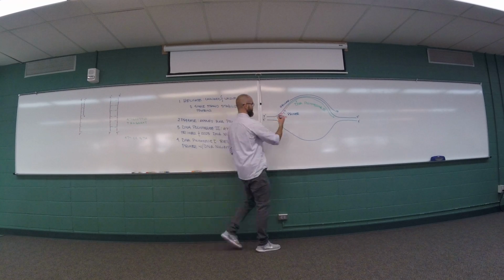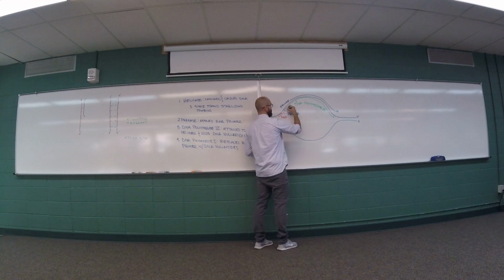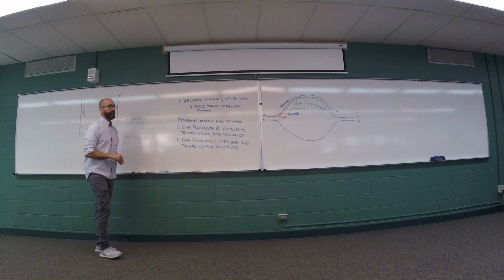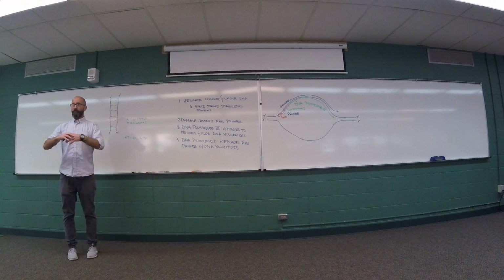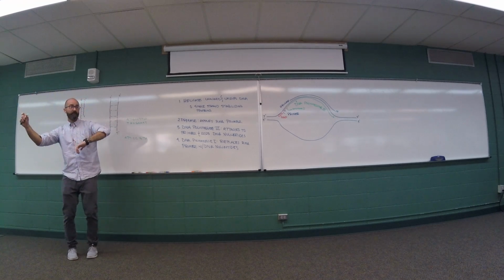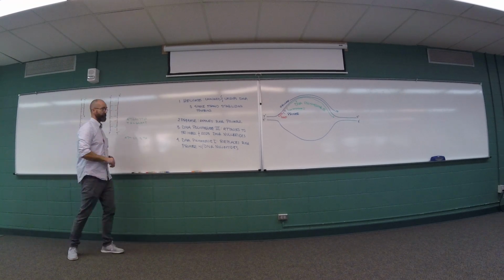So DNA polymerase 1 is just going to come back here. It's going to take off all of those RNA nucleotides and replace them with DNA nucleotides. So that's what DNA polymerase 1 does. But please remember the sequence, right? We separate, we stabilize, apply a primer, DNA polymerase 3 grows that primer out, and then DNA polymerase 1 comes back and replaces all of that RNA stuff with DNA stuff.